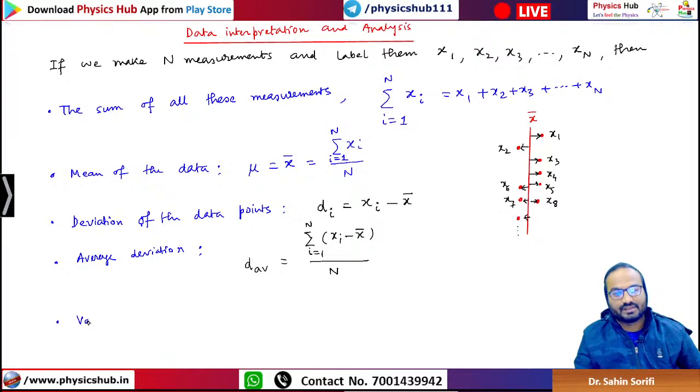Now there is a term called variance. Variance is denoted by sigma square.